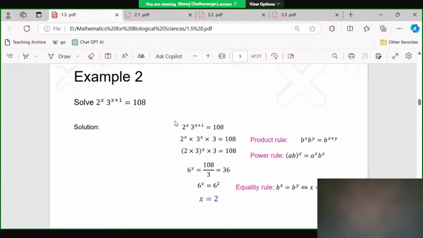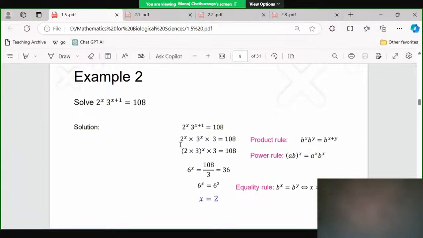So let's see. Here we have 3 to the power x plus 1. In the exponent, we have x plus 1. We know by the product rule, 3 to the power x plus 1 is the same as 3 times 3 to the power x.